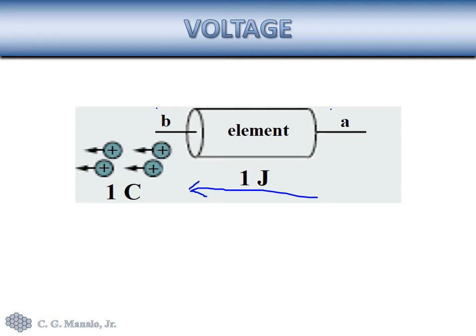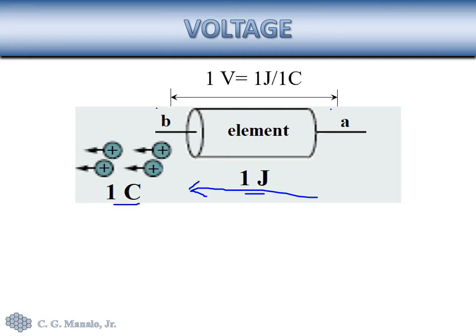Now, how much voltage is there? Let's say it requires 1 joule to cross 1 coulomb of charges, or positive charges in this case.